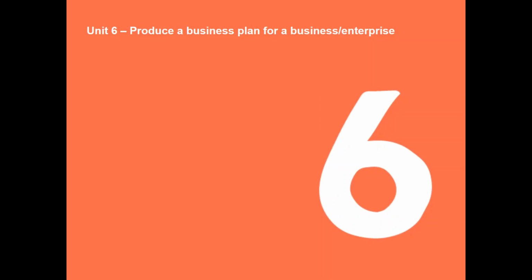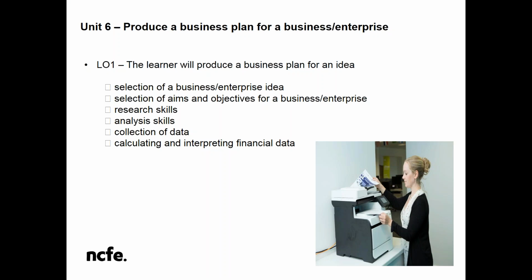Okay, so the final two units are around producing a business plan and then evaluating the business plan. For Unit 6, it's just the one learning outcome, which is that the learner will produce a business plan for an idea that they may have.